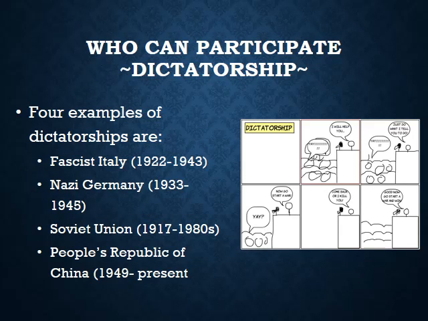All right, four types of dictatorships are, fascist Italy from 1922 to 1943 under Mussolini, Nazi Germany under Hitler from 1933 to 1945, Soviet Union from 1917 to the 1980s under people like Lenin, Stalin, Andropov, Khrushchev, Gorbachev, Yeltsin, and the People's Republic of China from 1949 to modern day.